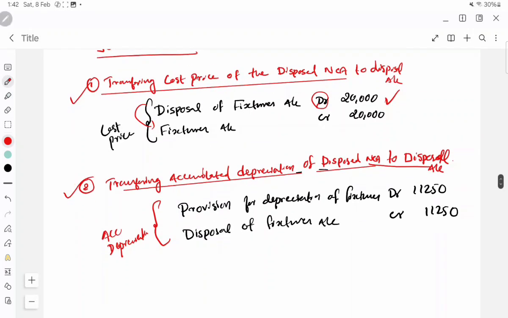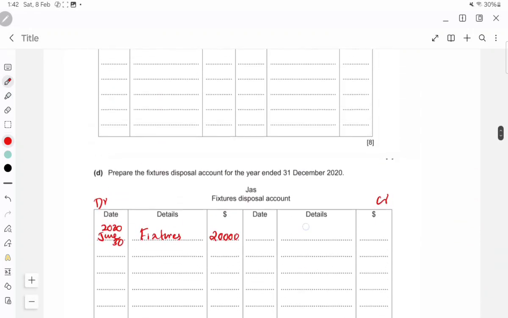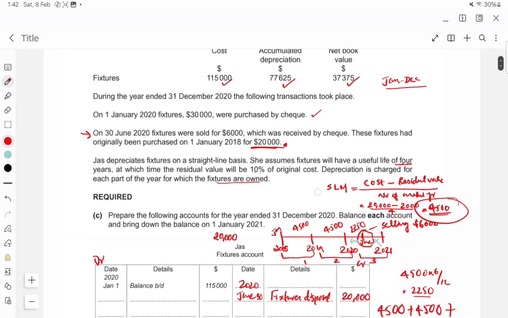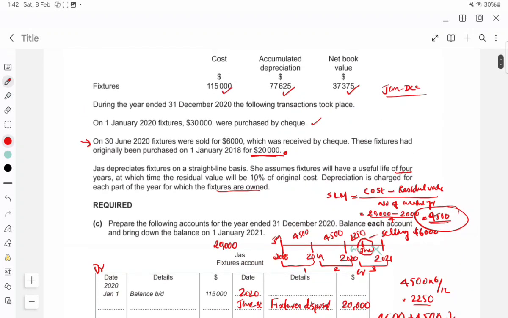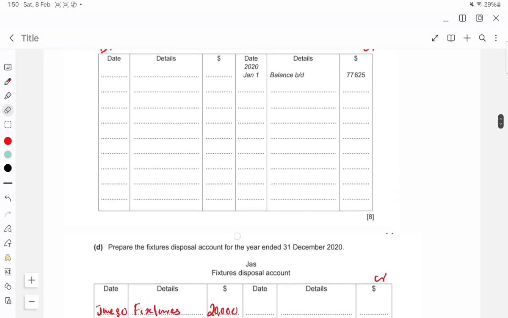The second entry is transferring the accumulated depreciation of the disposed asset. How much is the accumulated depreciation? We calculated 4,500 plus 4,500 plus 2,250. This is the total accumulated depreciation, so you will get 11,250. So provision for depreciation is debited, on the debit side of the provision.